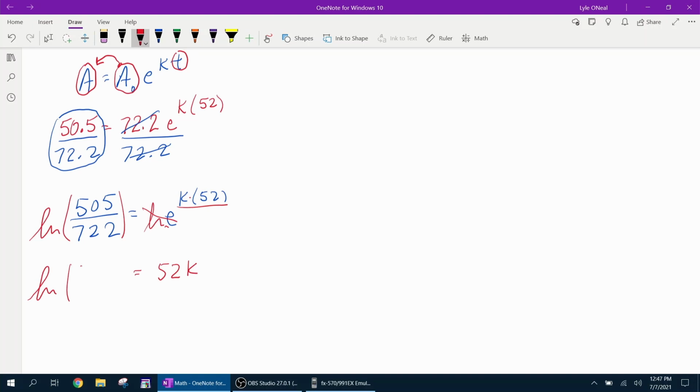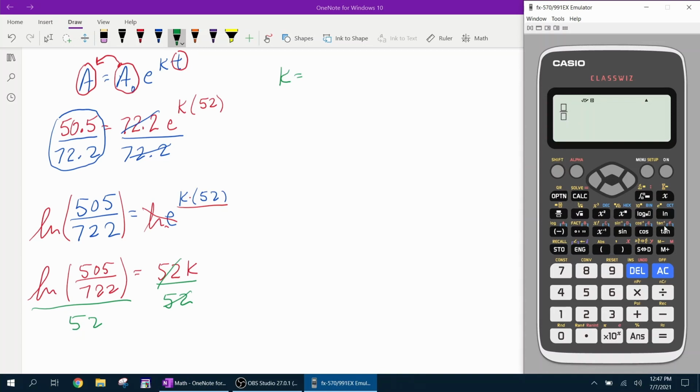This is natural log of 505 over 722. And then to finish it off, to solve for k, we're going to divide both sides by 52. And again, that should be no trouble with our calculator. We're going to have the natural log of a fraction, 505 over 722. Don't forget to move over and then down.